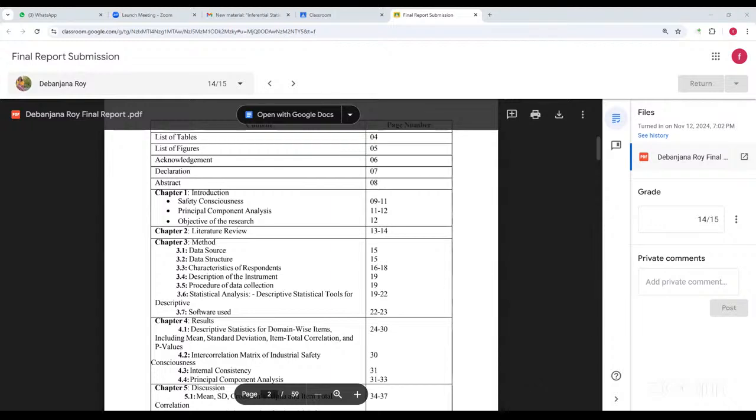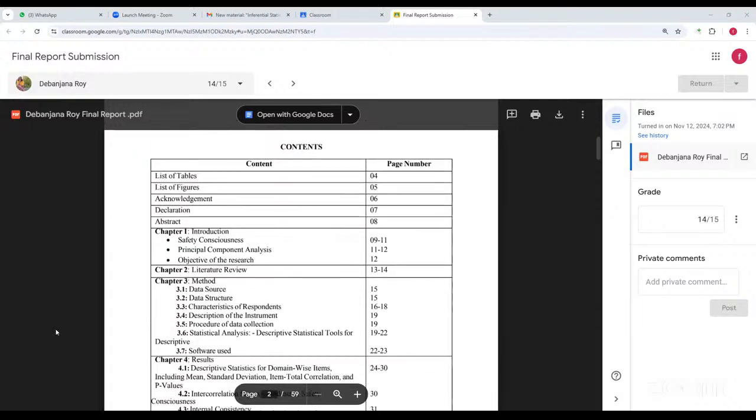Content includes list of table, list of figure, acknowledgement, declaration, abstract. And keep in mind that first will be the acknowledgement, declaration, abstract, and the last will be list of table, list of figure. List of table and list of figure will be at the last.